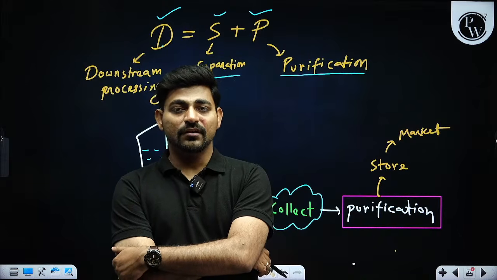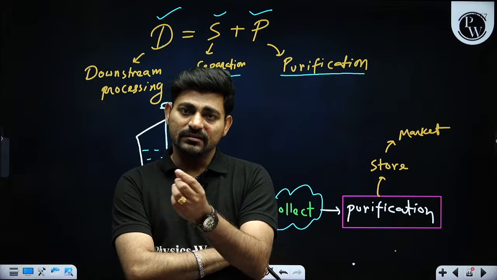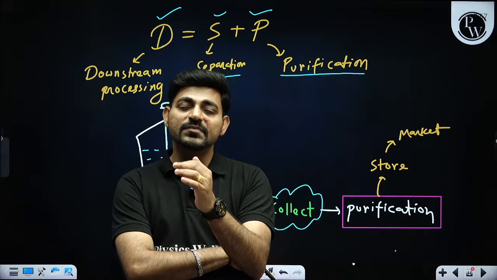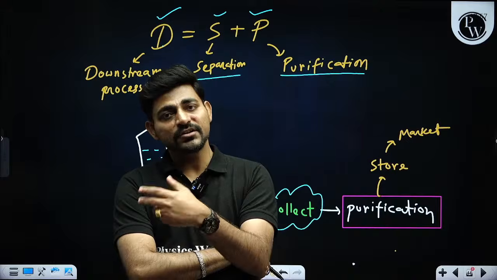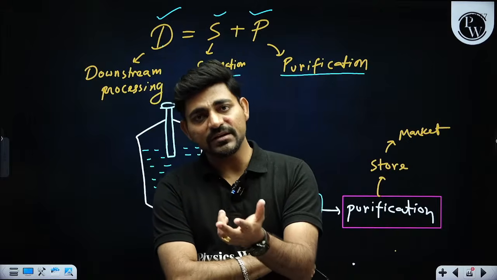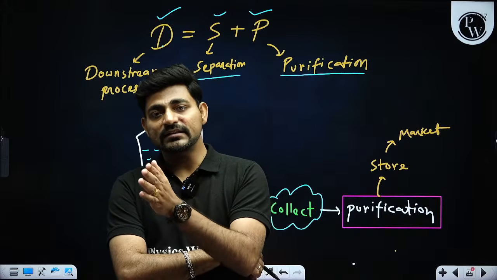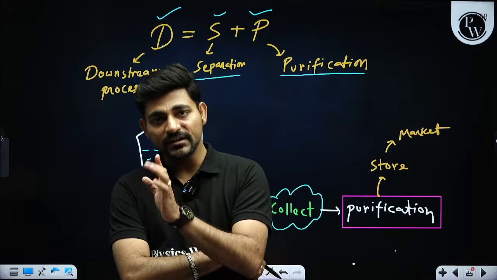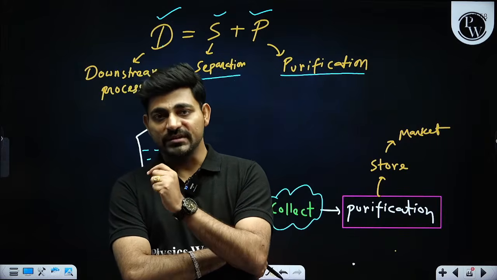So, what is the difference between those tablets? You will find all the tablets contain 650 milligram of paracetamol. Everyone is giving you 650 milligram of paracetamol in that tablet. Now, why is one company selling at 5 rupees per tablet, and why is another company selling at 1 rupee?